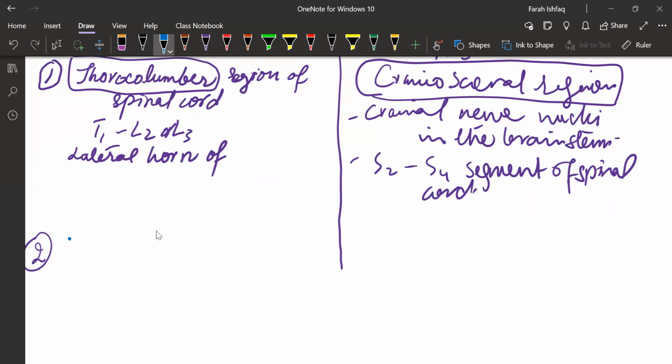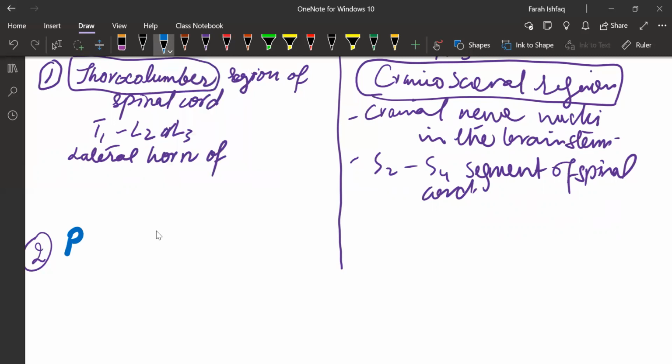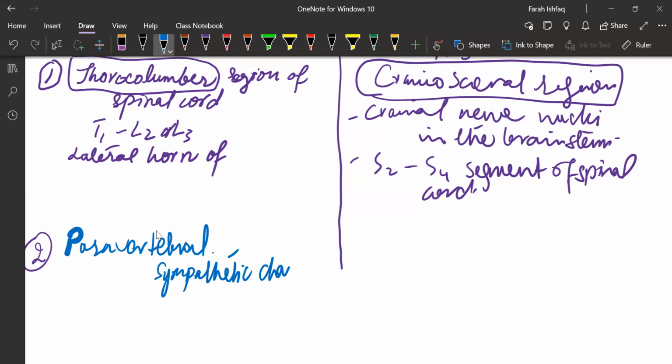Number one is paravertebral, that is the sympathetic chain.